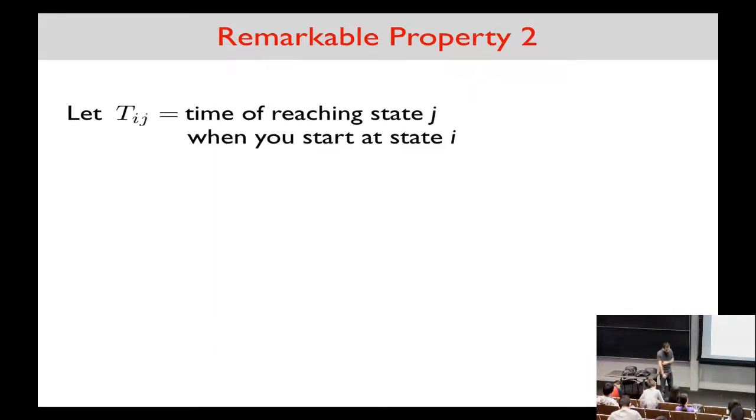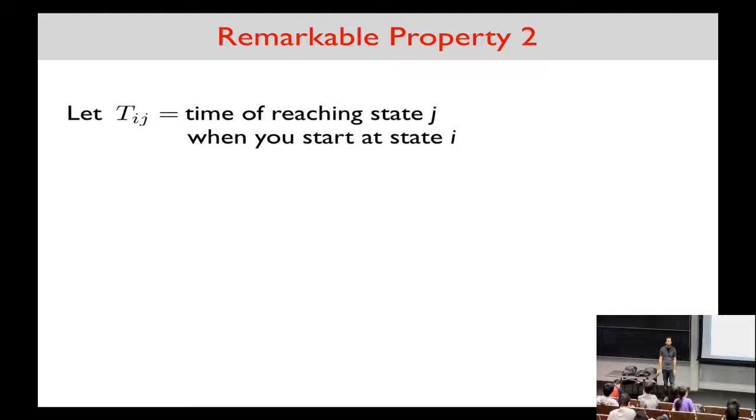Okay, so that's quite a remarkable property. That's a very interesting property of Markov chains. The second property that I want to discuss is the following. Let's define this random variable, Tij. It's the time it takes to reach state j, given that you started at state i. In a lot of Markov chain analysis, this random variable comes up.